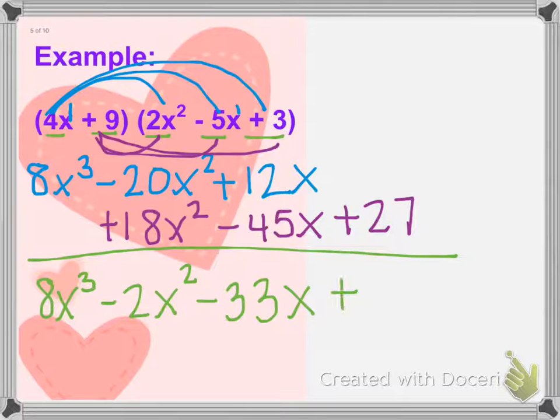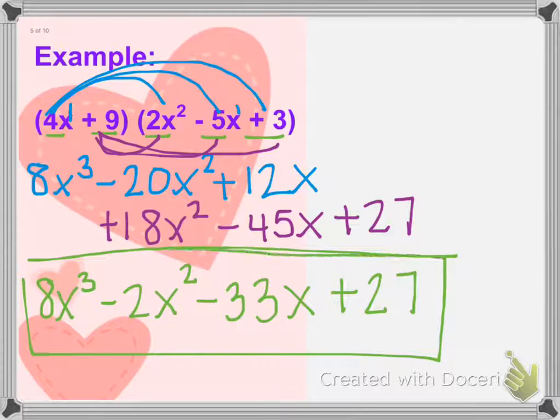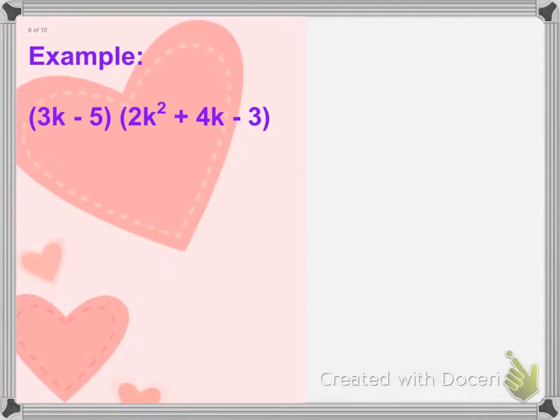And then the 27 was the only constant, so that one's all alone. If you notice when you're done, all of the like terms have been combined, and you are in descending order, x to the third, x to the second, x to the first, and then my constant. So it's very similar to yesterday where you just distribute. It's just an extra step to distribute to the extra terms.